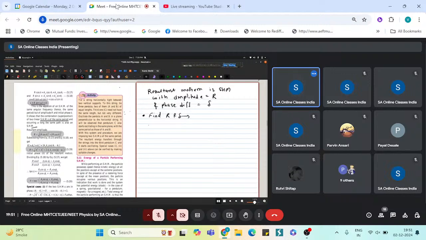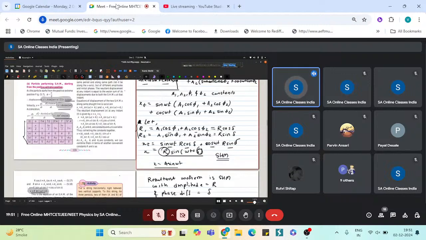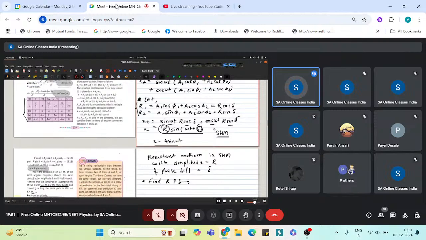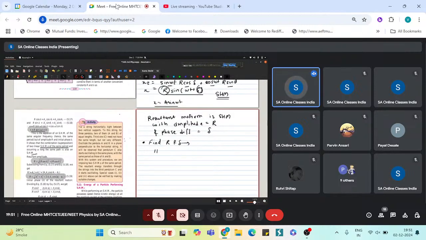So now, as I said, R is a vector with R cos delta and R sin delta as its components. So if you have any vector with two given components, we know how to find the magnitude of that vector, right? So the magnitude of R is going to be the root of R1 square plus R2 square.